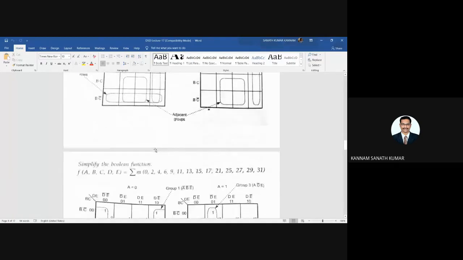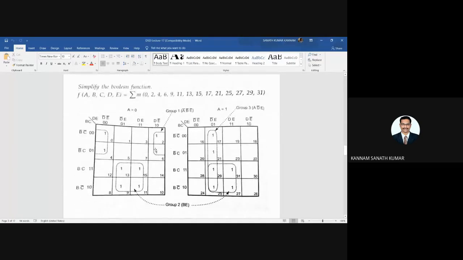See here: f of A, B, C, D, E equals summation of m 0, 2, 4, 6, 9, 11, 13, 15, 17, 21, 25, 27, 29, 31.